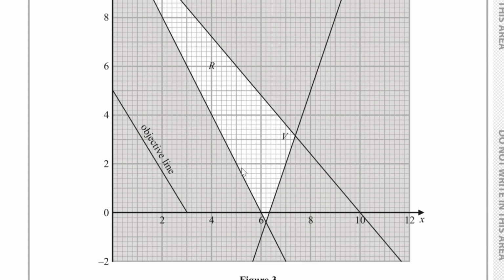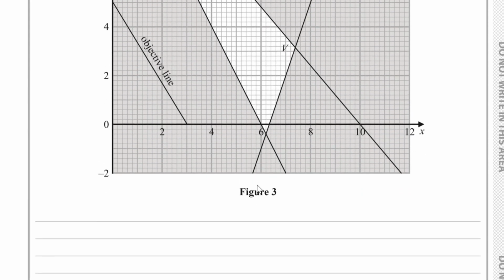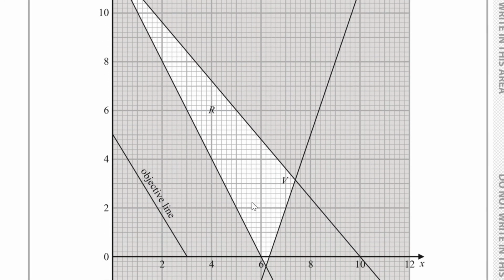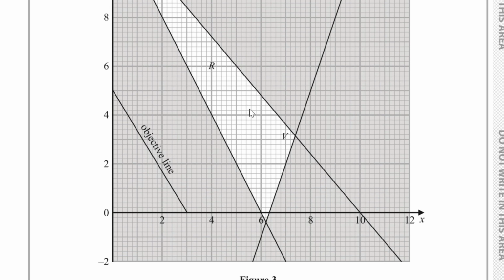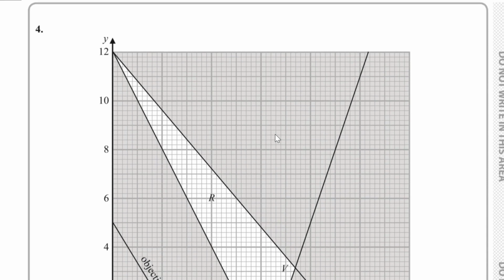So we've got a copy of figure 3 over here in the answer book. Now, a couple of ways we can do this. One way is to first of all find out the equations of these 3 lines. So for that, we need some coordinates to consider. Now, it's always easy to figure out what's going on with integer coordinates.